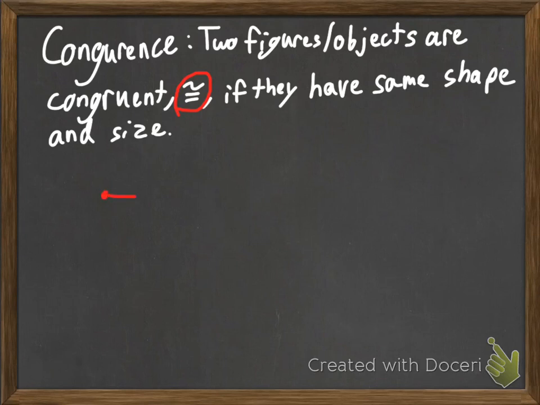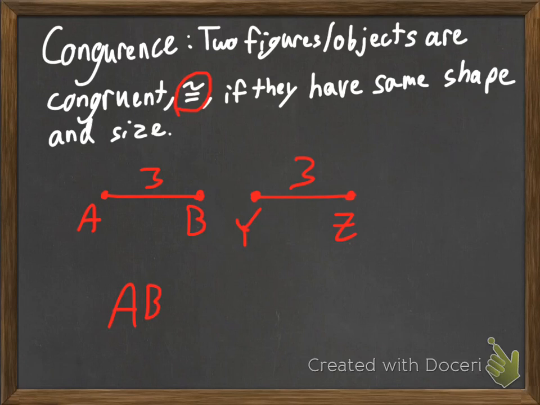So let's say I have a segment right here that's 3. We'll call it AB. So I have another segment over here that's also 3. We'll call it YZ. What you can say now is that segment AB is congruent to segment YZ. Whenever you write congruence, you're going to use the actual symbol for the figure.